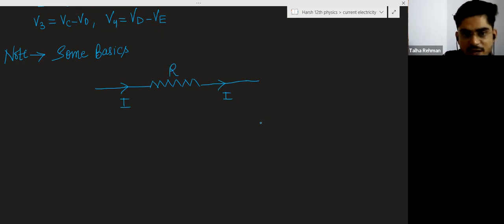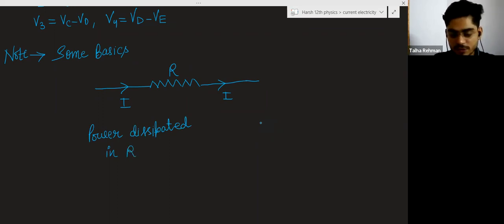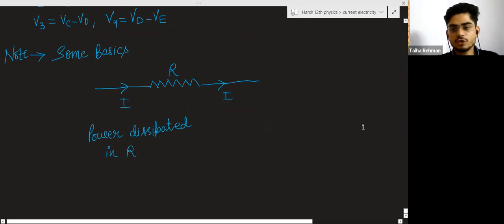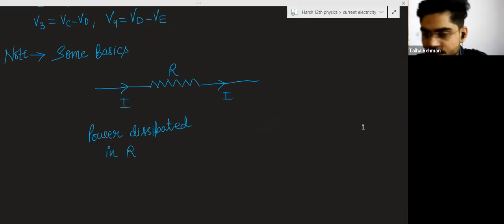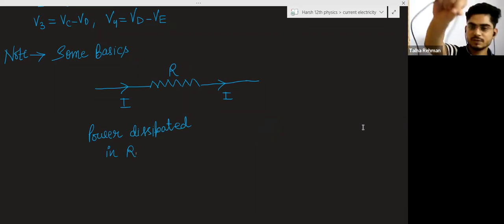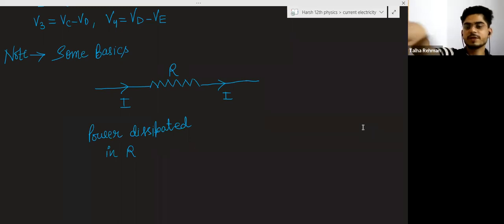Suppose this resistance is R, and you want to calculate the power dissipated in R. What is the logic of this? Current is flowing in this wire.